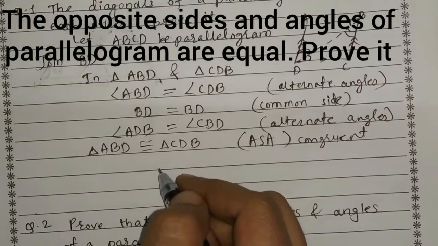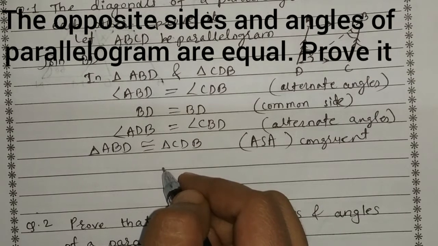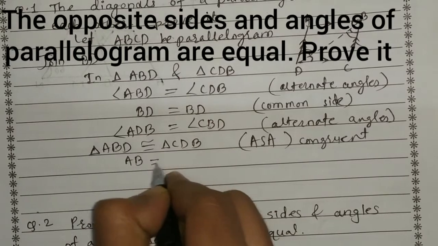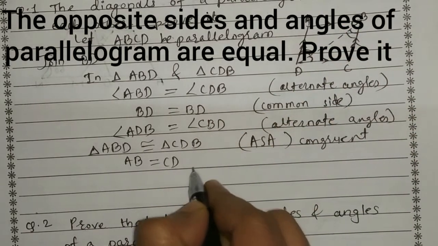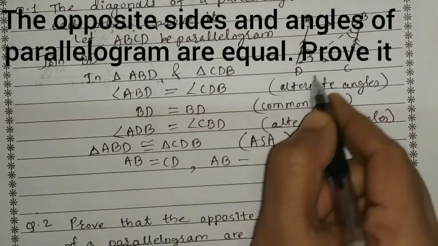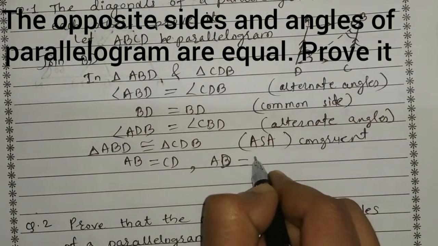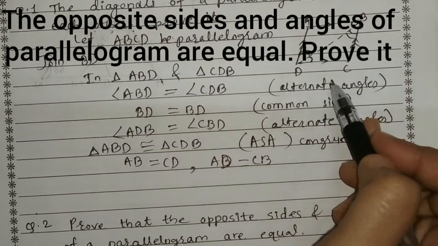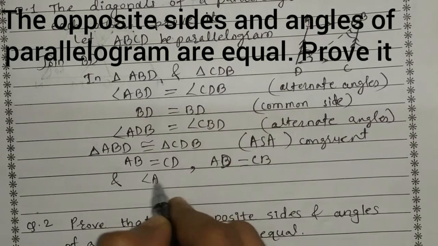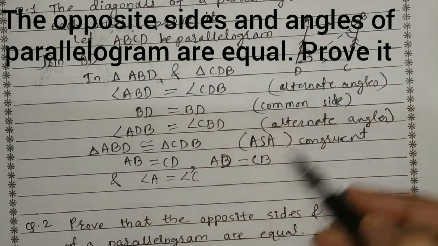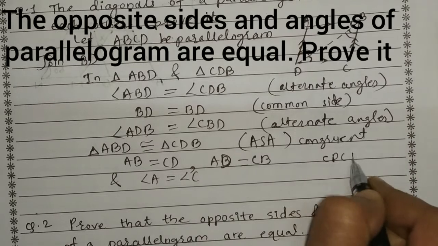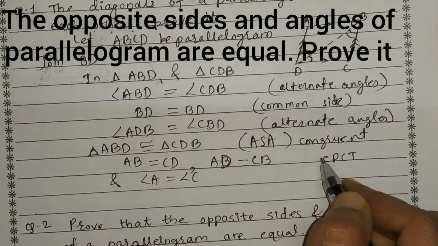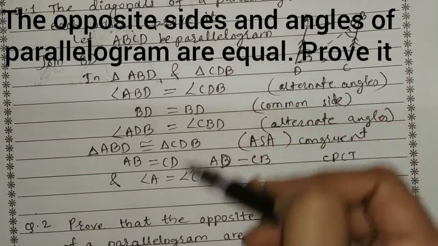So once the triangles become congruent, their corresponding parts are also congruent. So you can say AB is equal to CD. In the same way, AD is equal to BC, and angle A is equal to angle C. In the same way we have proved opposite sides equal.